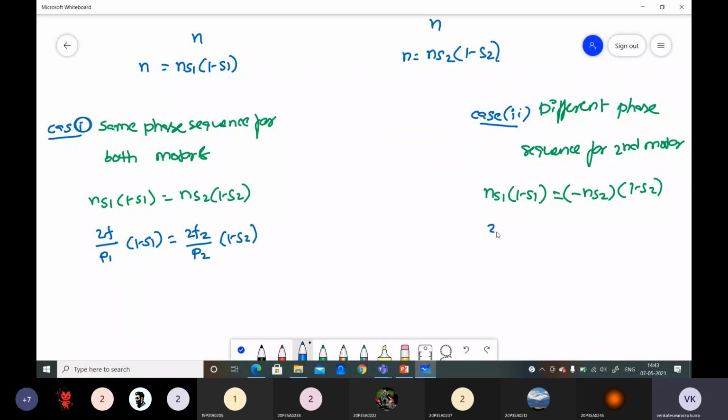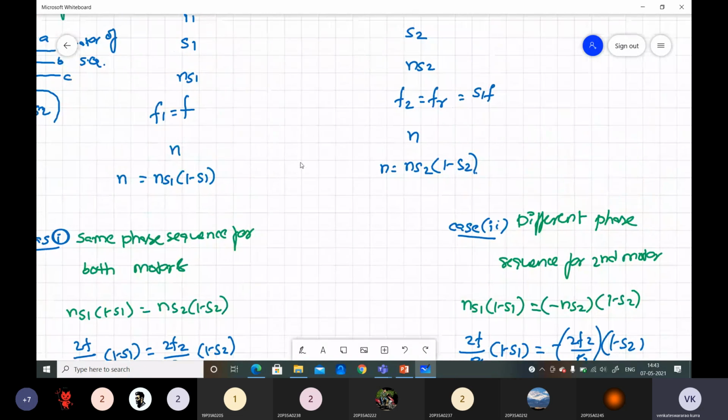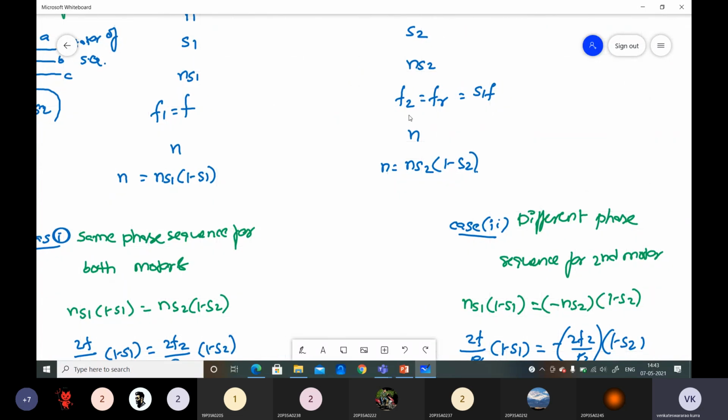Here also 2f by p1 into 1 minus s1 equal to minus of ns2, which is 2f2 by p2 into 1 minus s2. Now f2 in terms of supply frequency is f2 equal to fr, which is nothing but s1 f.